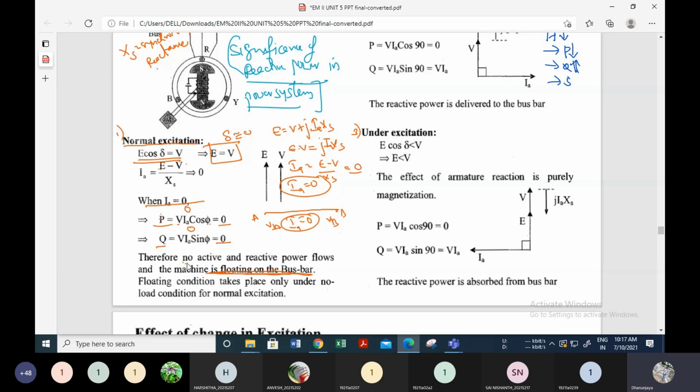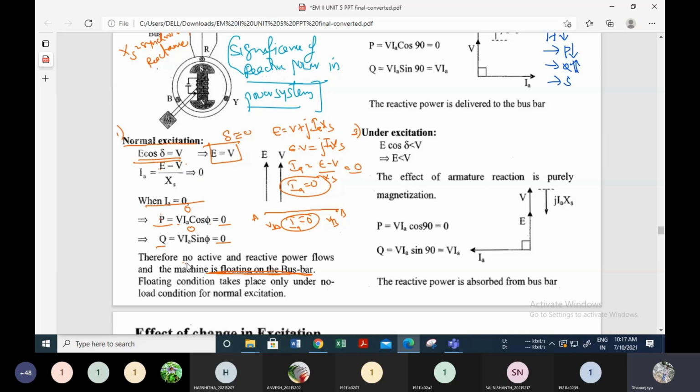Under the normal excitation, Q is equal to 0. And in under excitation, the reactive power is absorbed from the bus bar, as we already discussed that Q is negative. Whatever conclusions we made in the previous class, the same conclusions I am deriving. So this is the effect of excitation under no load condition.